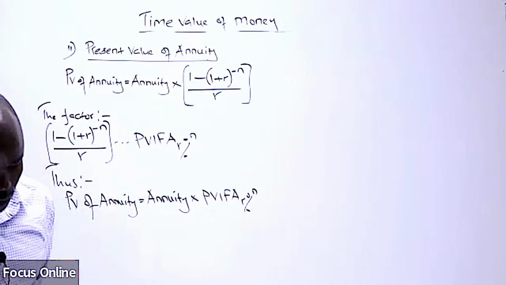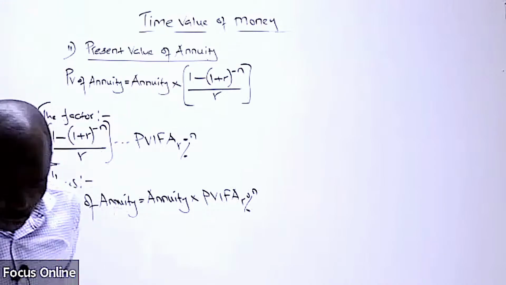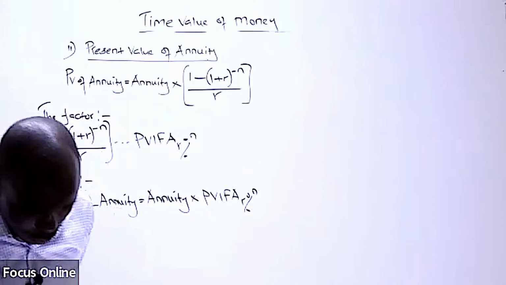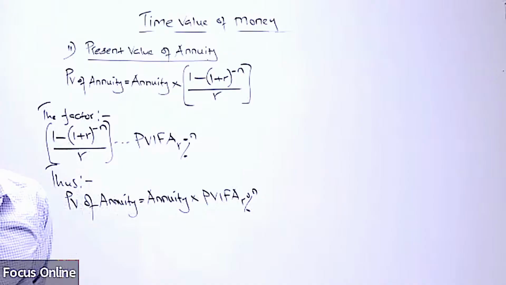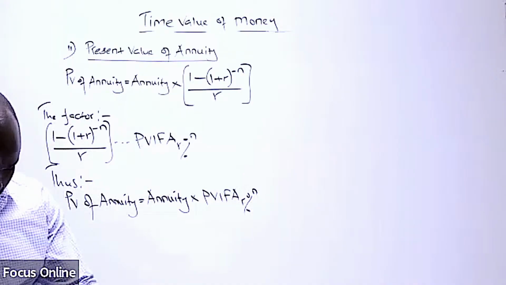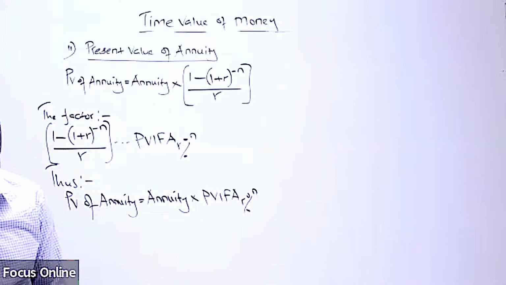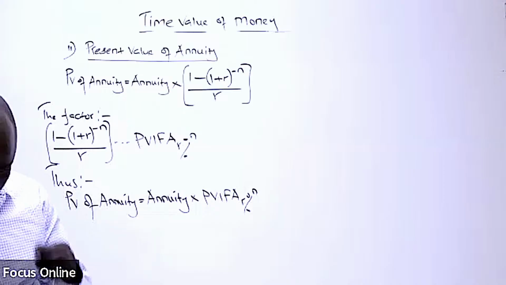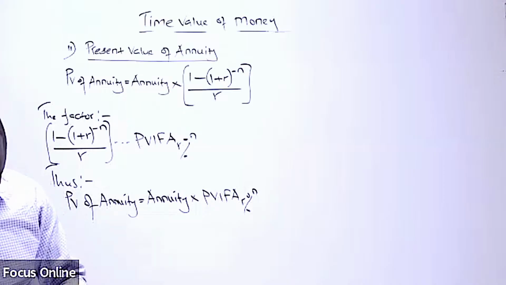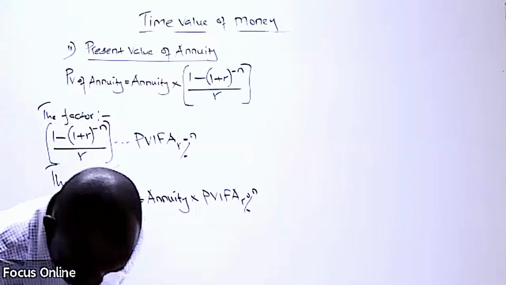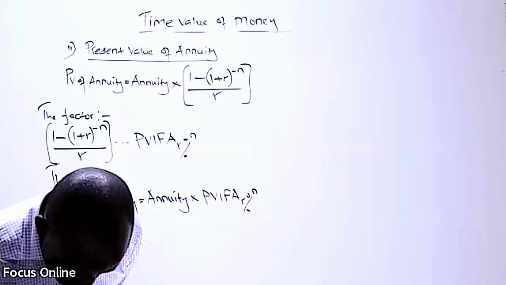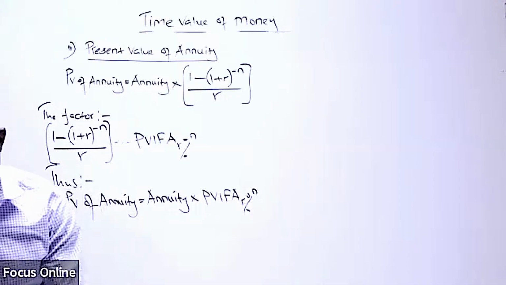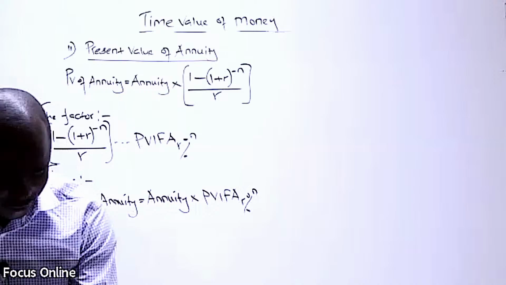Go to 20% in the top row. After reaching 20%, go down to row 3, not 3 but count 1, 2, 3. At 20% you should get 0.5787. That's how we read this.